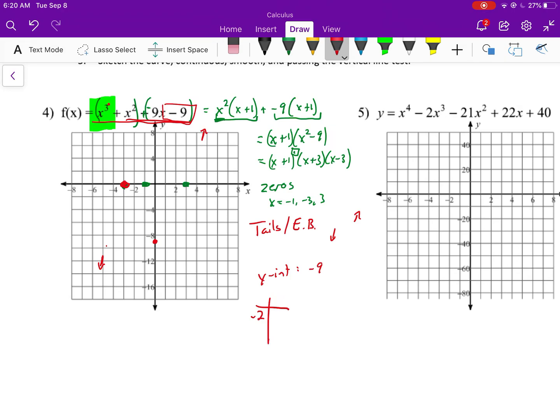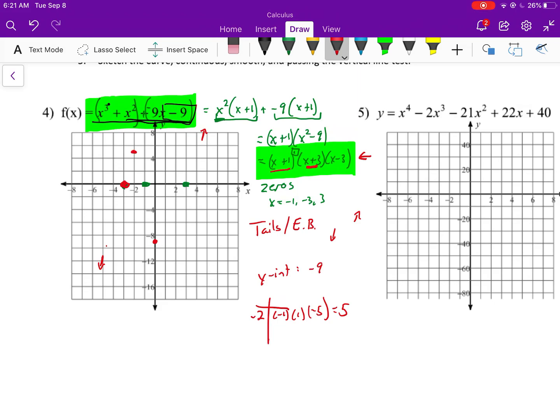We can put it into this form where it's factored, or you can put it into the original. It doesn't really matter. I'm going to go ahead and put it in this form right here. So if we put -2 in here, it's -2 plus 1, which is -1, -2 plus 3, which is 1, and -2 minus 3, which is -5. The product is 5. So this is going to go through the point -2, 5.